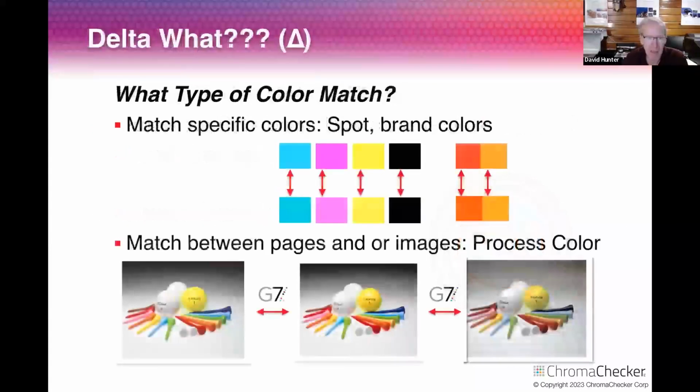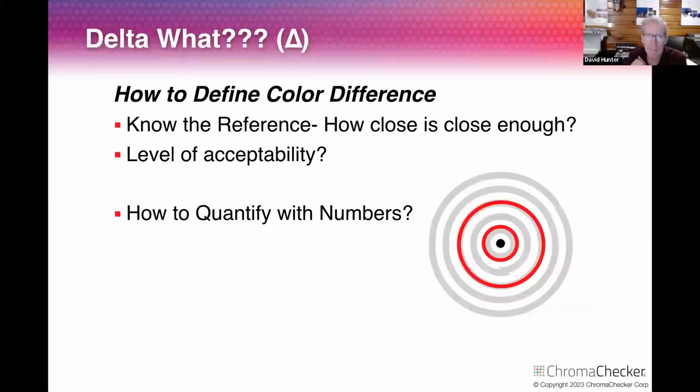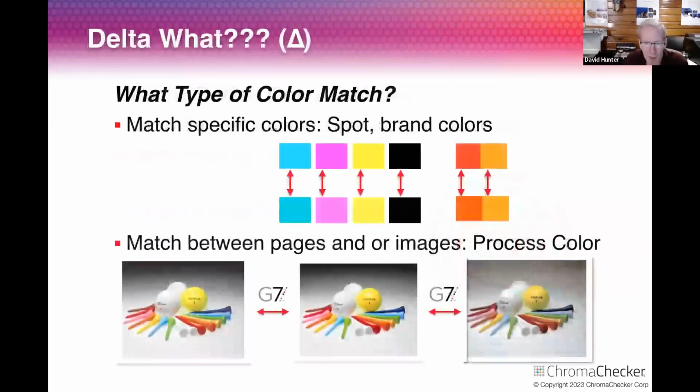And this becomes really important, and I like to call it delta what, in terms of how do you define the color difference. If you think about, we're always trying to hit the bullseye. How close to the bullseye do we want to be? And ideally, we quantify that with numbers. And this is, again, where we come up with delta what?